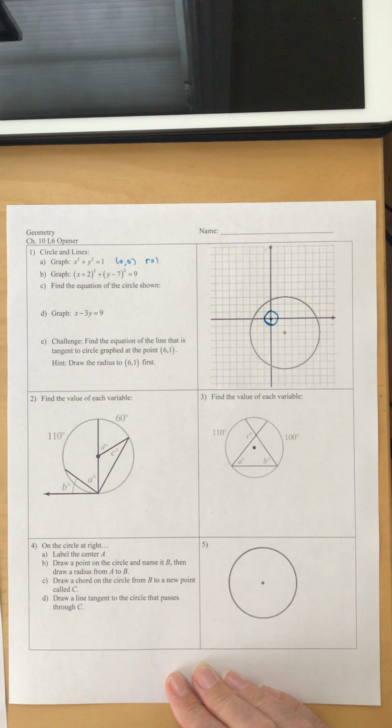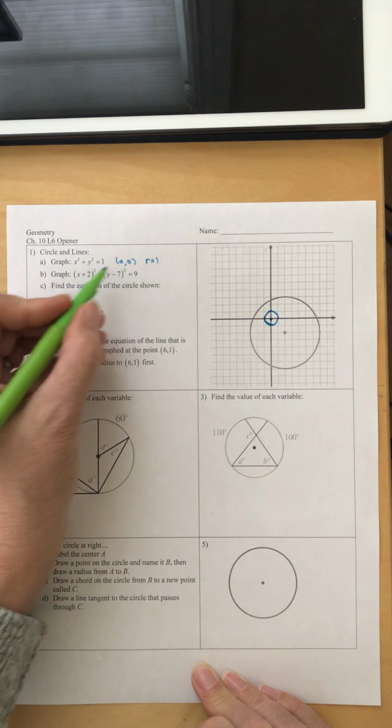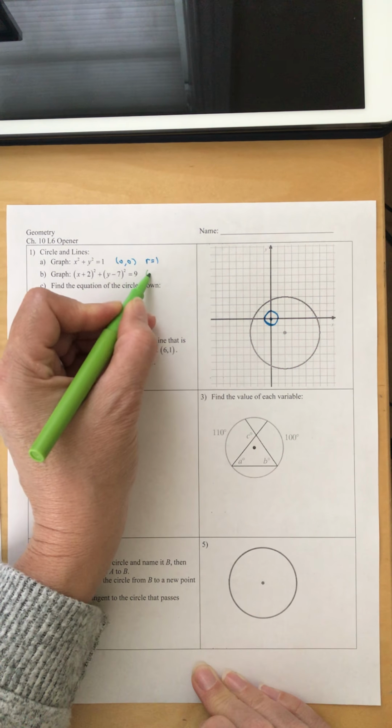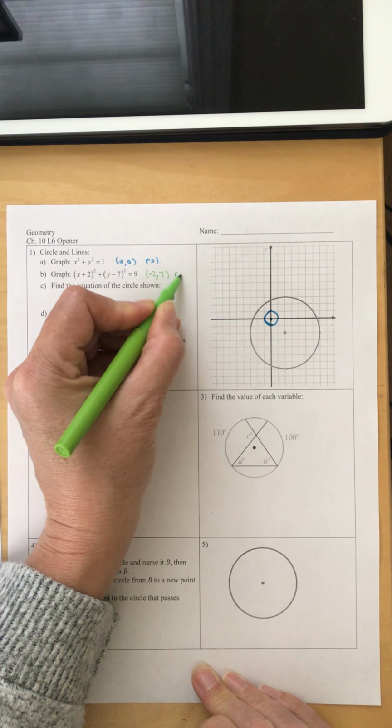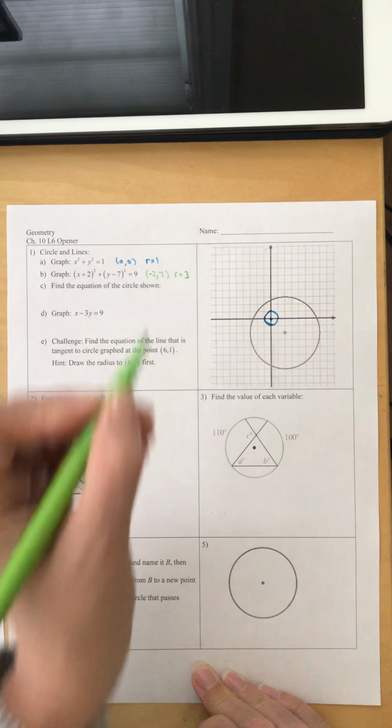Alright, so that's A. And then B is a circle with a center of -2, 7 and a radius of 3.